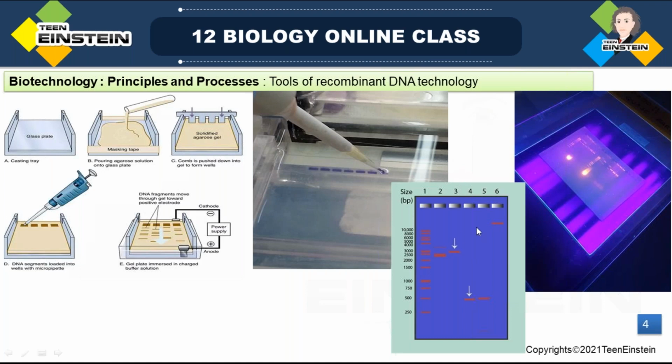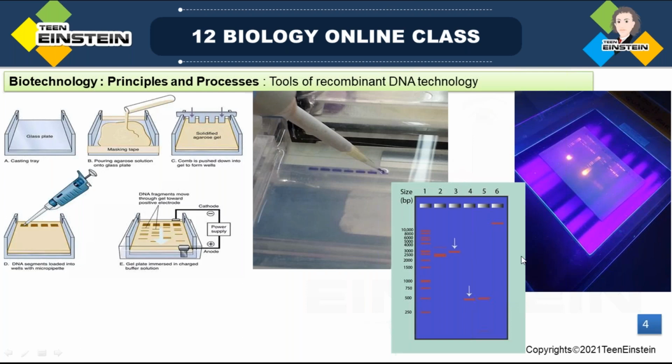While cooling, it will get solidified, so we should not wait too long. When it is almost cool, we add ethidium bromide to that. This is the easy method which we are doing. The actual staining process is later.